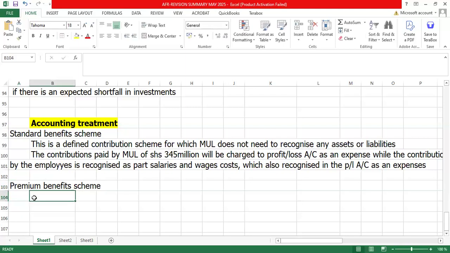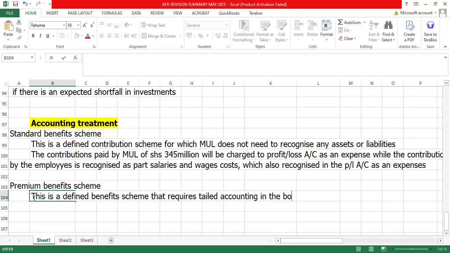So you just say this is a defined benefits scheme that requires, of course, you can say maybe detailed accounting in the books as below. Then you start as below.